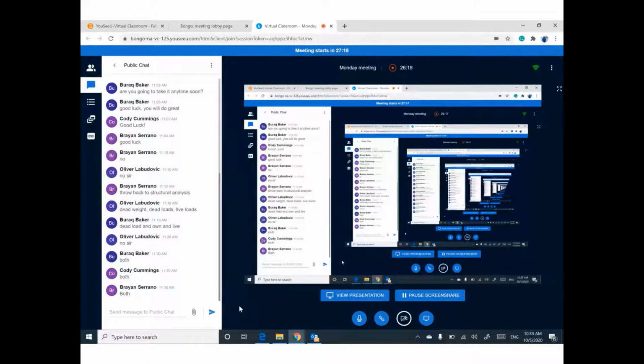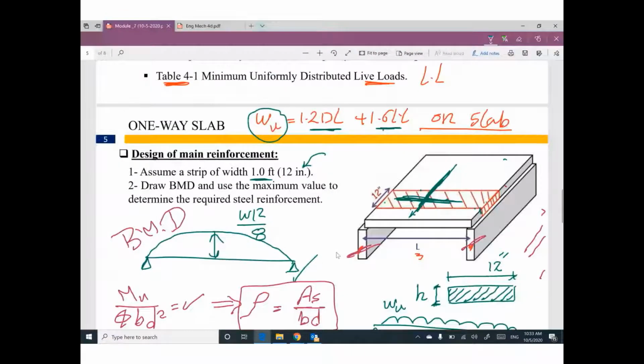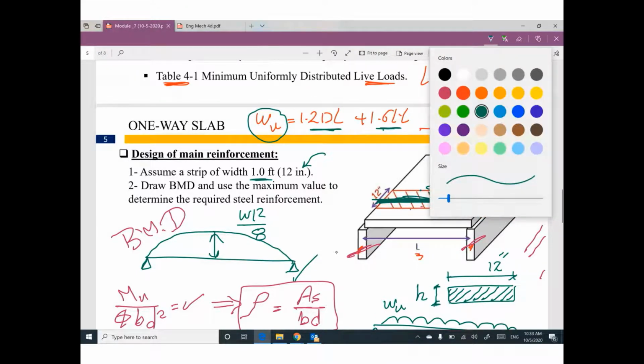Your answer is correct, but wrong at the same time. What you designed will be placed in the main direction you considered. One more time, if you are standing here, the load will move in this direction.